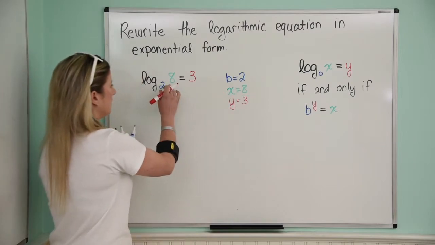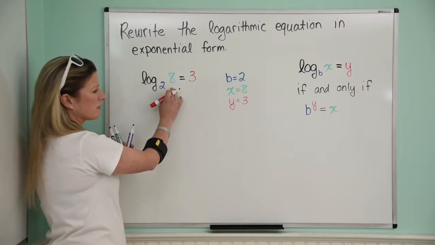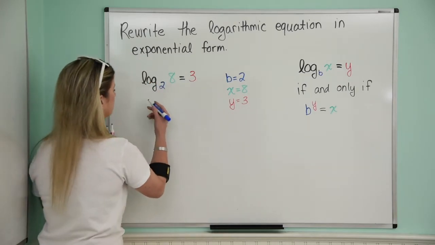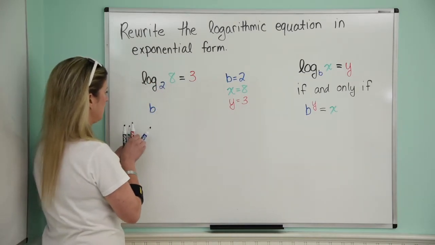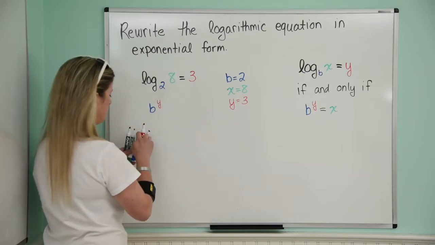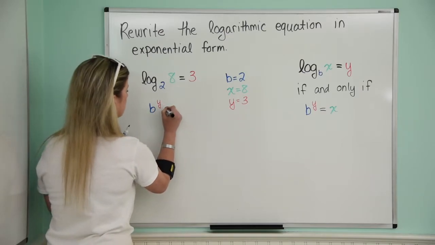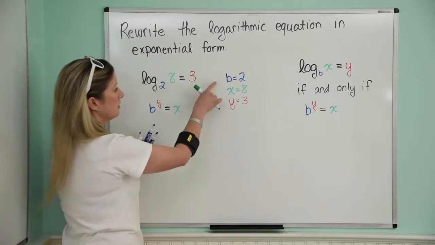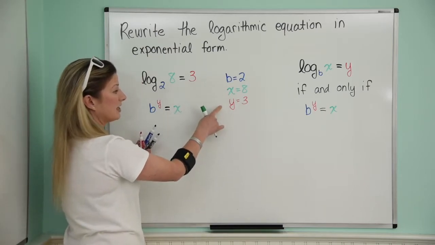Now, here it is in logarithmic form, so if I want to put it into exponential form, I know exponential form is b to the y equals x. So then I know what my b is, I know what my x is, and I know what my y is.